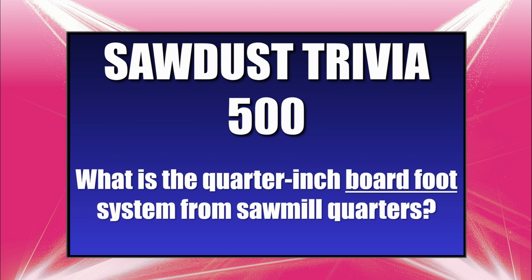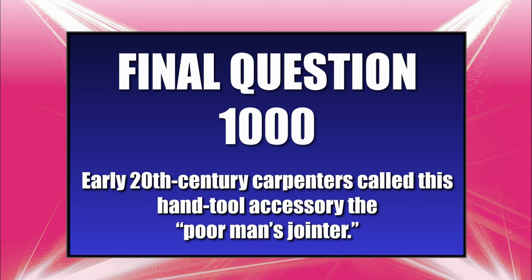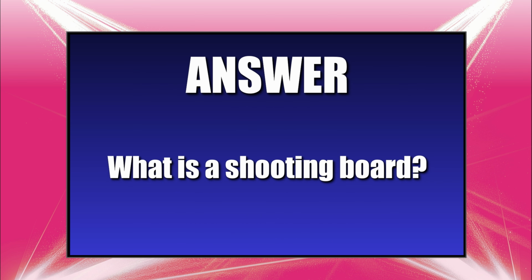What is the 1/4-inch board foot system from sawmill quarters? Final question, 1,000 points. Early 20th century carpenters called this hand tool accessory the poor man's jointer. What is a shooting board?